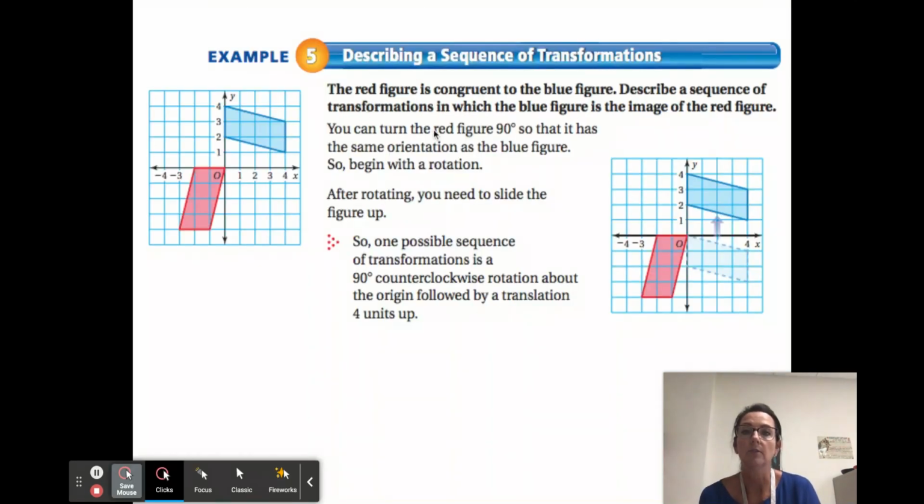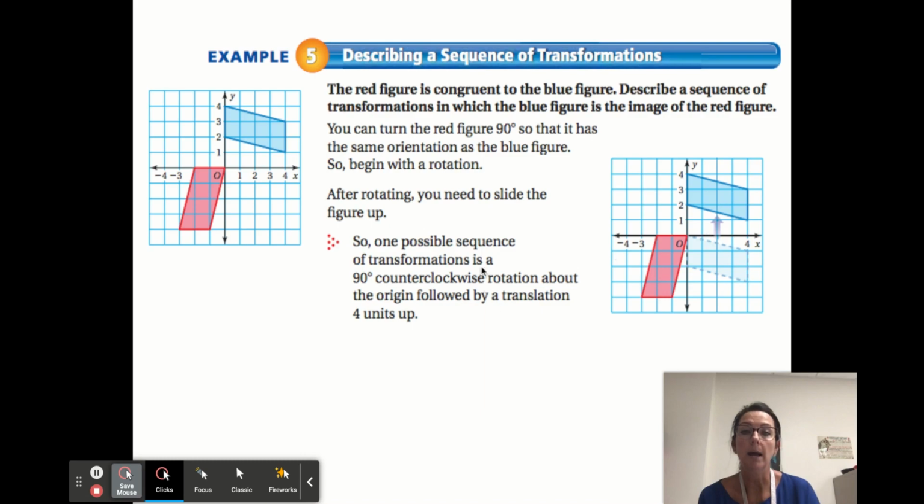Describing a sequence of transformations. So, one thing you can look at is here you have the red one. You can turn the red figure 90 degrees so it's in the same orientation as the blue. And you can see that right here kind of highlighted. And then you can translate it up.